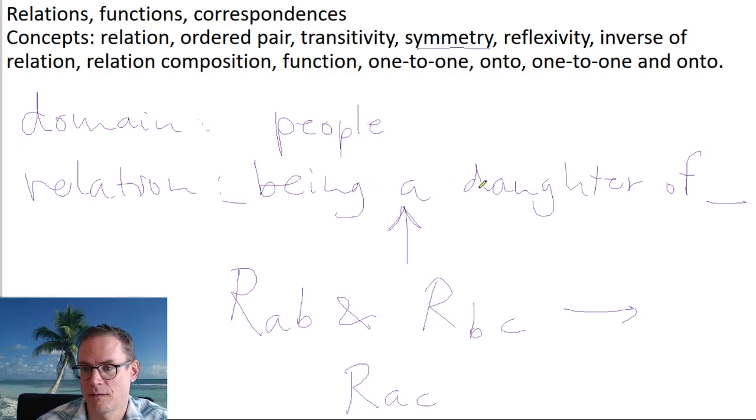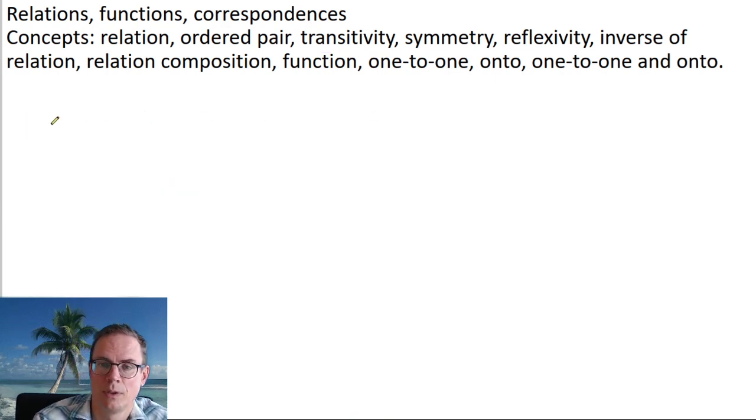Well, being a daughter of is not symmetric. If you are the daughter of your mother, then your mother is definitely not your daughter. Is it reflexive? Are you your own daughter? No. So this particular relation does not meet any of those characteristics.